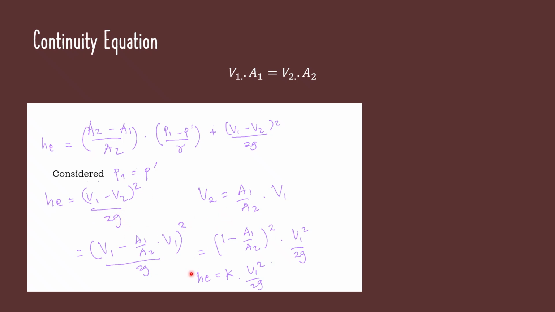And if pipe 2 is next to a pool, the velocity will be 0, so HE equals V1 square over 2g.